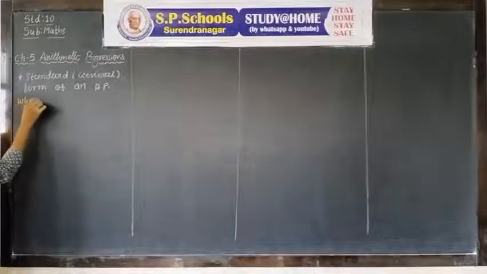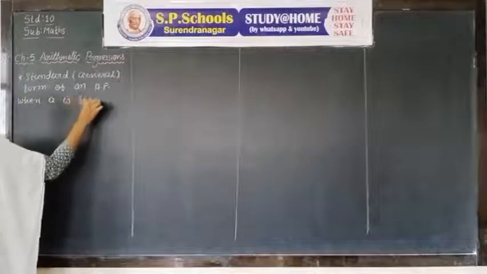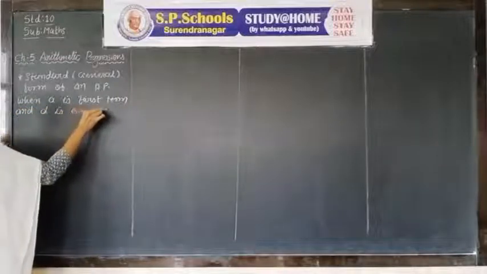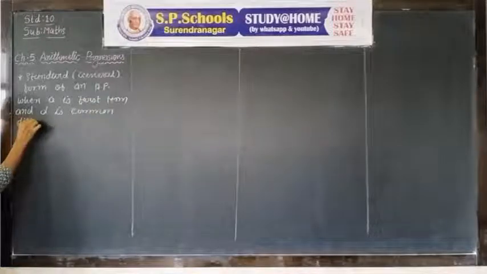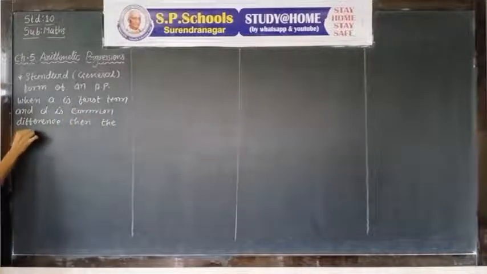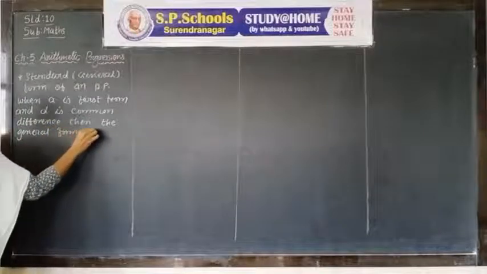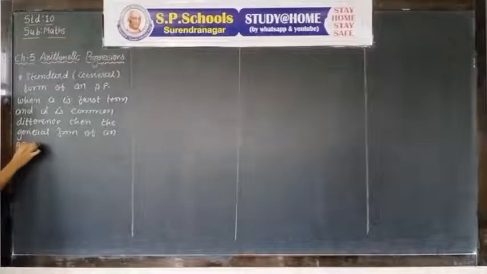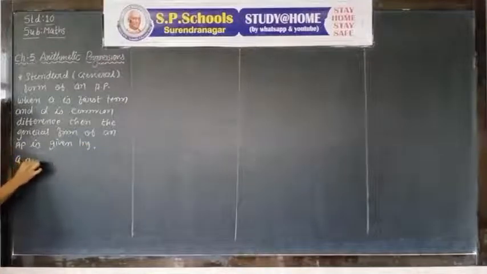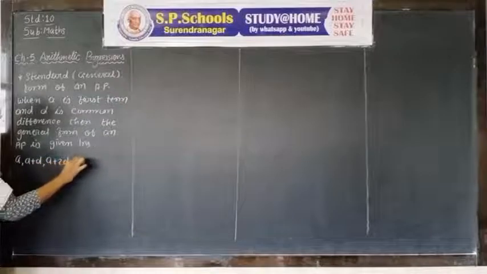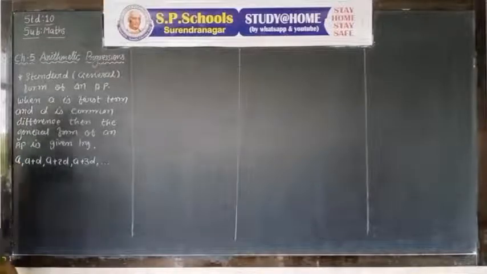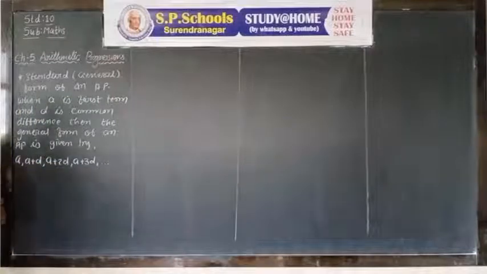When small a is the first term and small d is the common difference, then the general form of an AP is given by A, A plus D, A plus 2D, A plus 3D up to infinite, in which A is the first term and D is the common difference. It is called the general form of an AP.